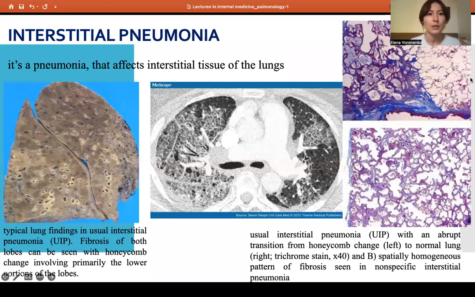Interstitial pneumonia is a pneumonia that affects the interstitial tissue of the lungs. Typical lung findings in usual interstitial pneumonia: fibrosis of both lobes can be seen with honeycomb change involving primarily the lower portion of the lobes, with an abrupt transition from honeycomb change to normal lung.